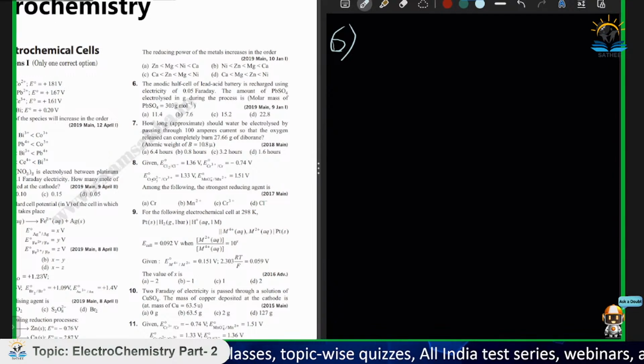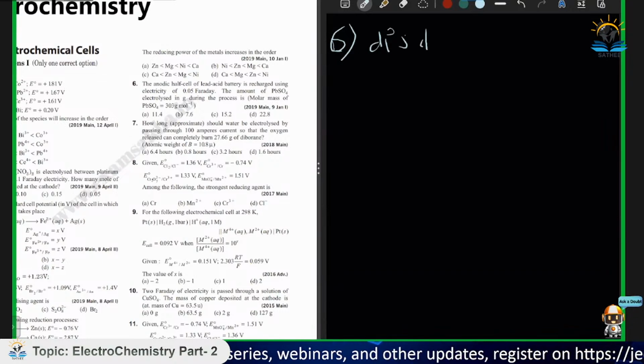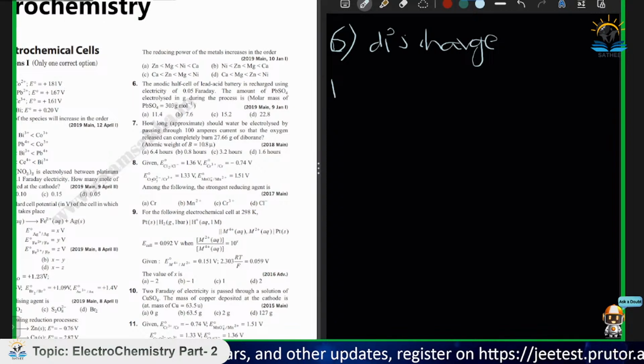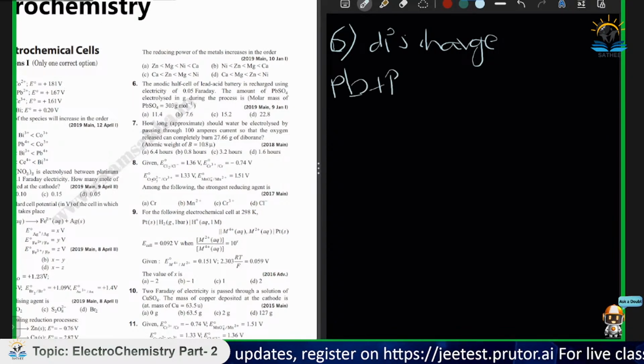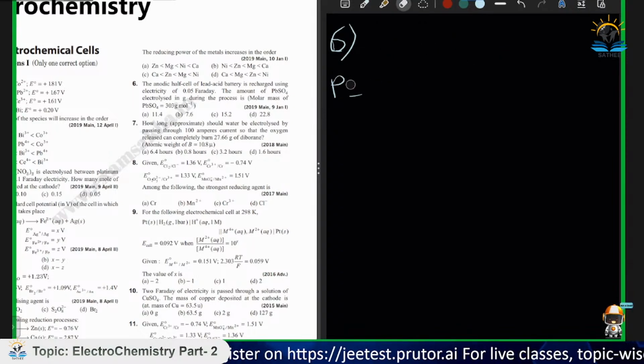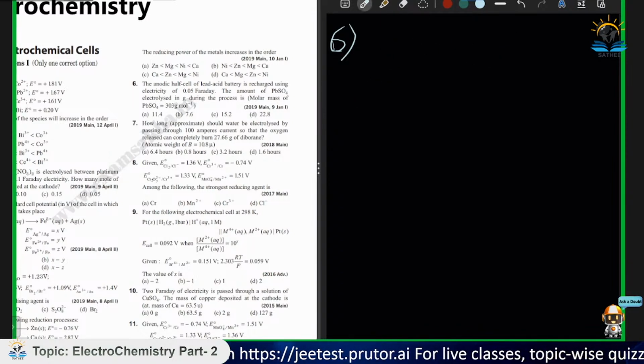Recharging reaction. So your H2SO4 is being formed, and the overall reaction. Let me write the discharge reaction. You don't have to remember the reaction.